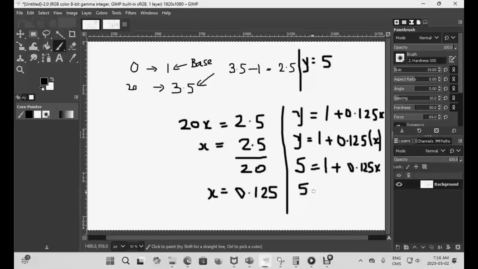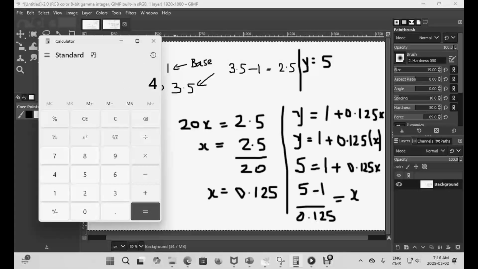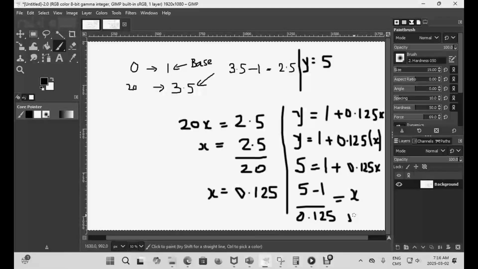So 5 minus 1 divided by 0.125 will give you your x. 5 minus 1 is 4. Divided by 0.125, this will be 32. So x is 32. So 32 links will give you the solution that you seek. All right, so 32 links will give you a page ranking of 5.